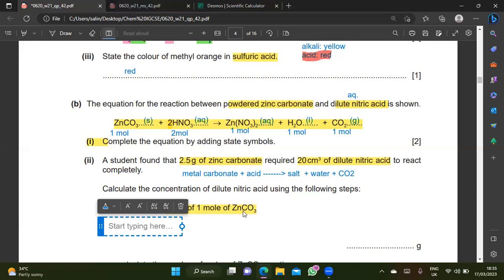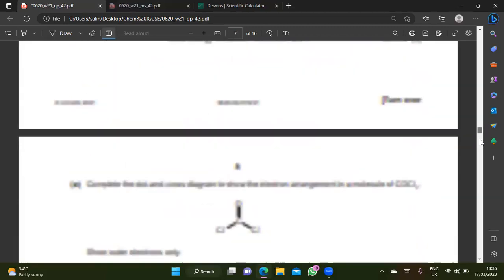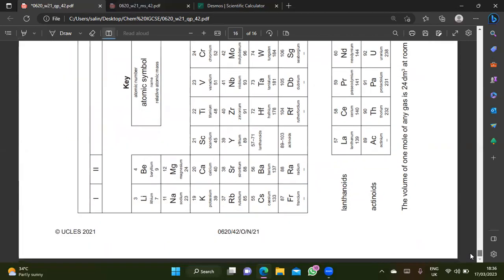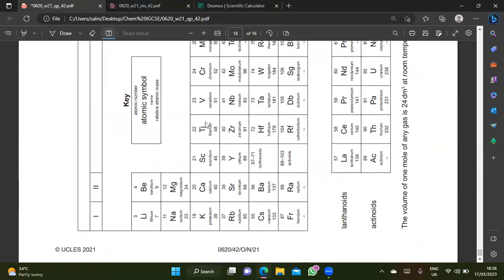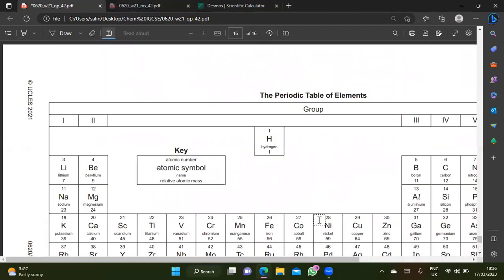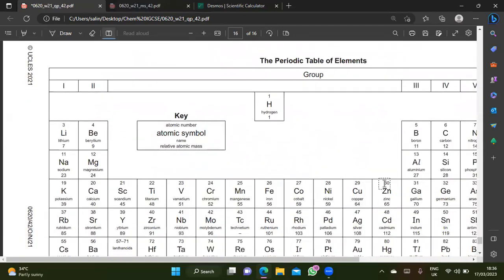How many zinc? 1. And what is the mass of zinc? You don't need to memorize. Go back to the periodic table, maybe at the end. There's no need to memorize. There you go. Where is zinc? What is the mass of zinc?